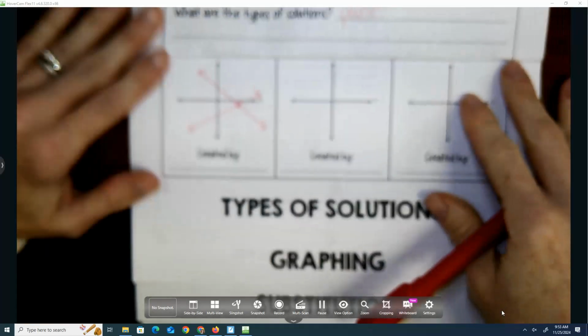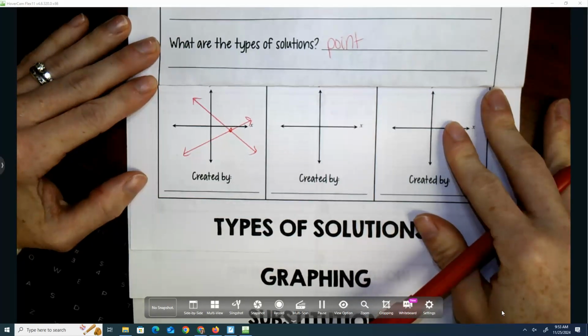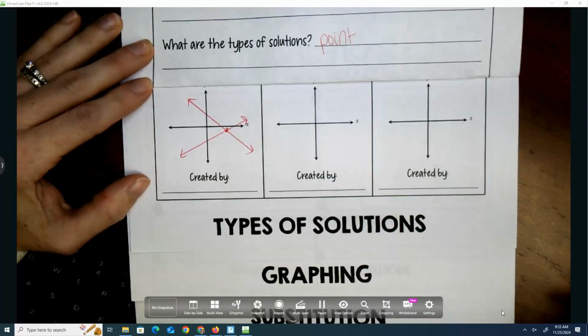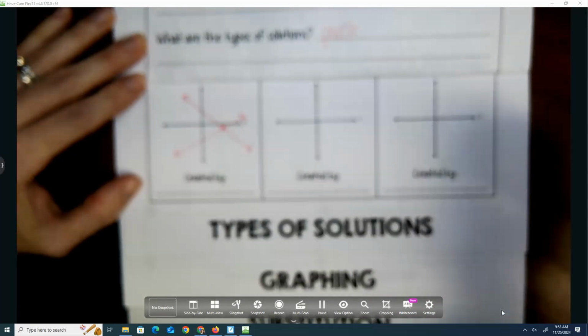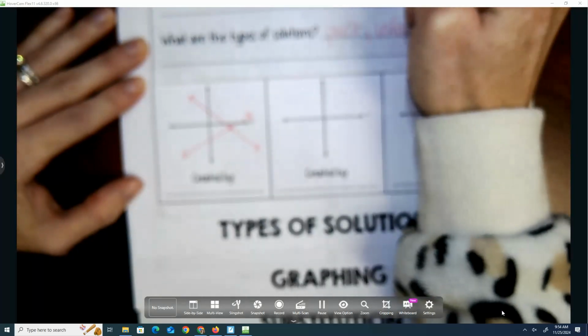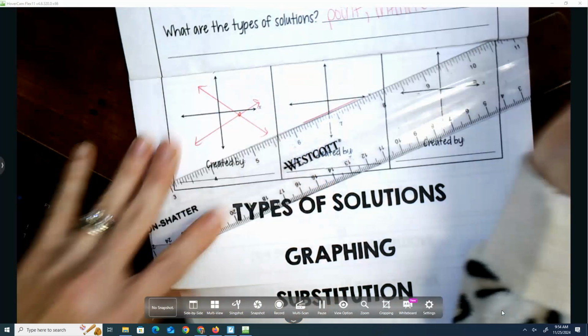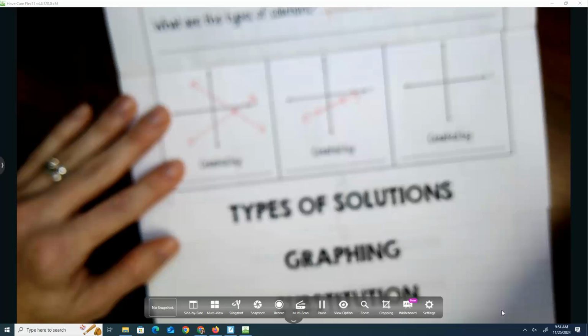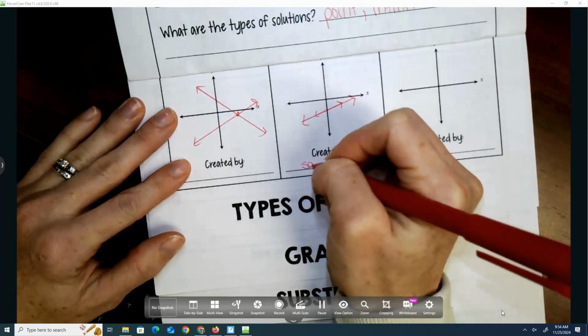Okay, what else could our answers look like? Infinite. Yeah, infinite when they're on top of each other. So we go to graph our lines, and they are the same line. Okay, so that's when it's just the same line.